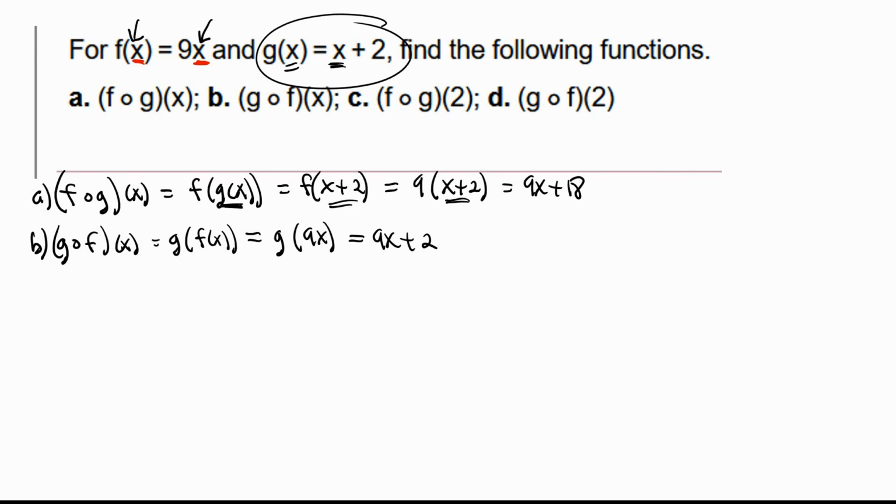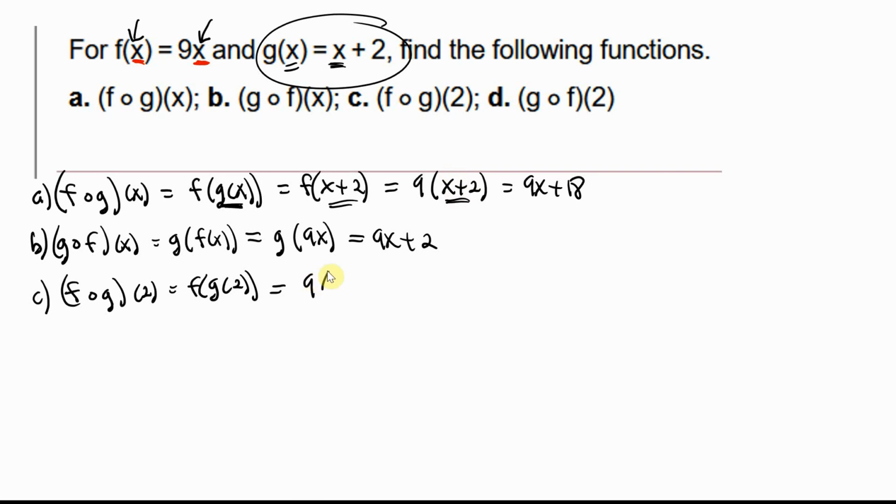So now part C. Part C says just take the results from part A, and just plug in 2. So f composed with g evaluated at 2. This is f of g of 2. Well, the way I do it, I typically try to go right back to this term here.